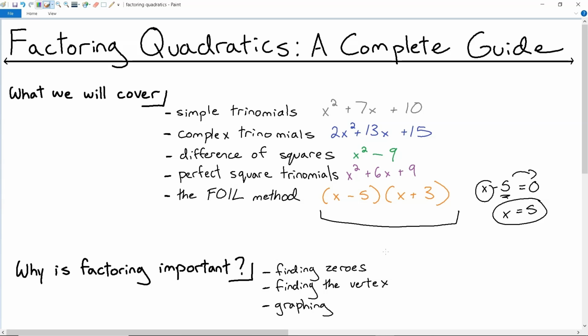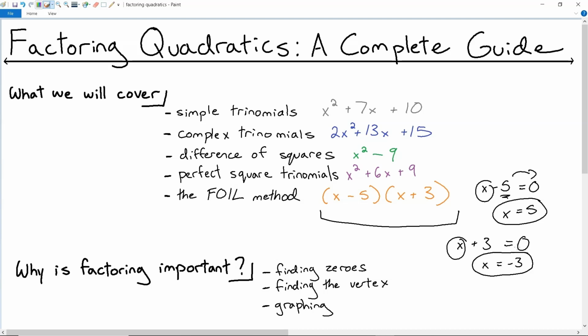And if I look at the second bracket of x plus 3, and I do the same thing, I find the second 0. Okay, so that gives us 2 points on the graph. Another thing it gives us is the x value of our vertex, because we know that the vertex of a quadratic is going to lie right in the middle of its x-intercepts.